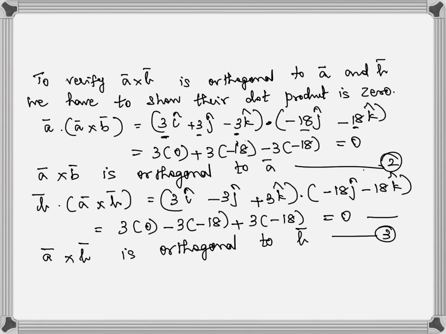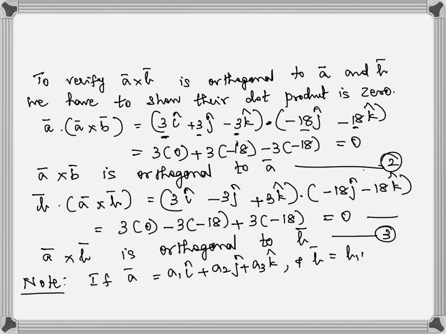And here you note how we find the dot product of two vectors. If A is A1i plus A2j plus A3k in component form, and B is B1i plus B2j plus B3k, then A dot B would be equal to A1B1 plus A2B2 plus A3B3.